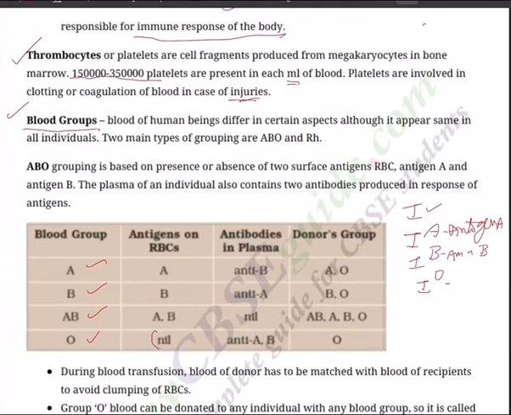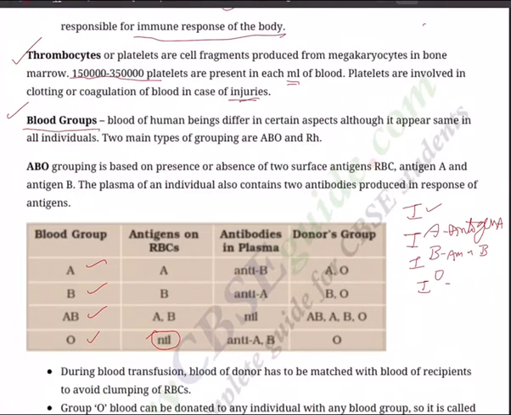It doesn't have any protein, any antigen. That's why we are writing here, look at that table, nil. Antigen is nil. So when we put this in group form, we have got basically four groups, and the four groups are blood group A, blood group B, blood group AB and blood group O.